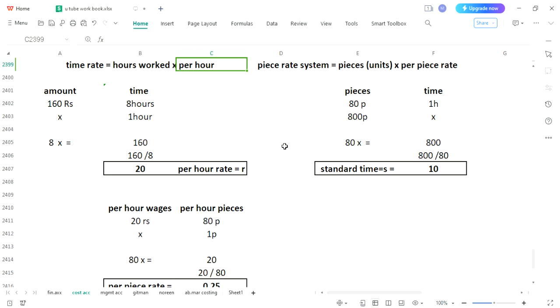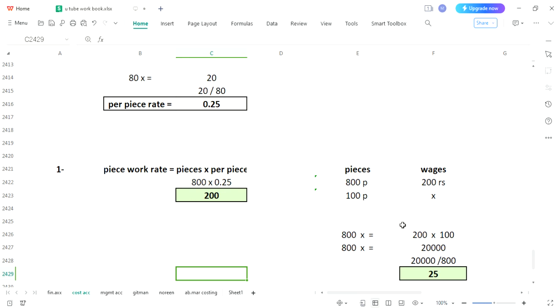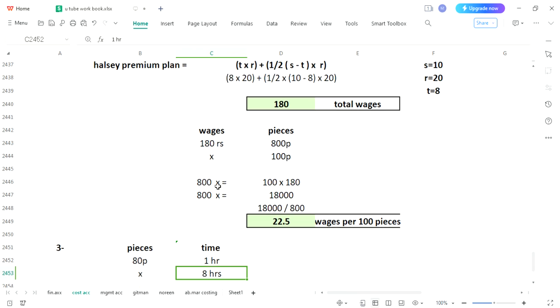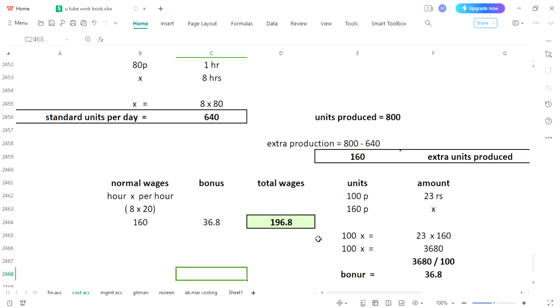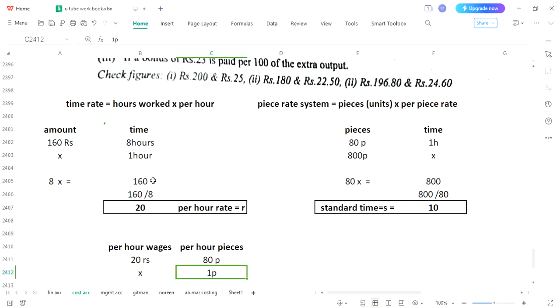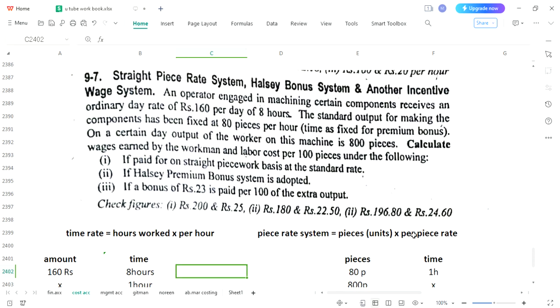Look at here, 1, 2, 3, then again 4, 5, 6, 6 and 7, 8. So 8 times we have used the unitary method in solving 6 answers. It means for every answer you have to apply a unitary method.